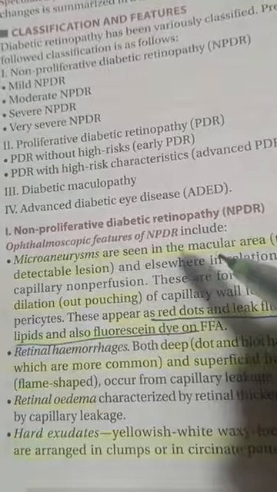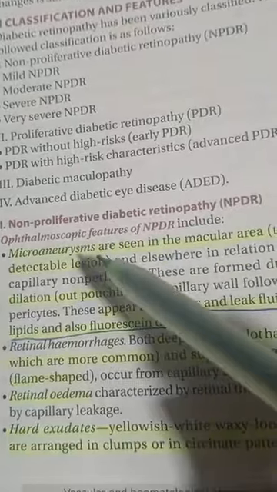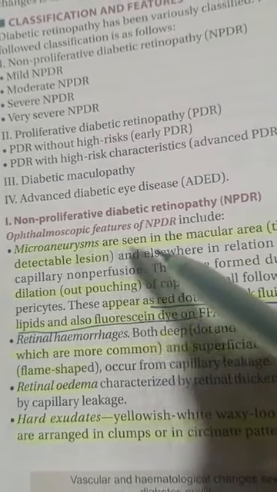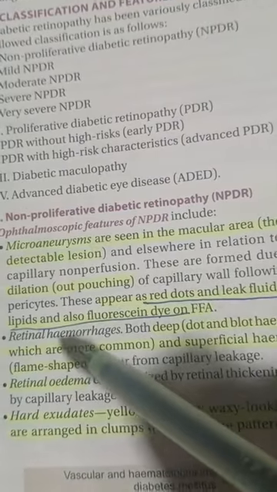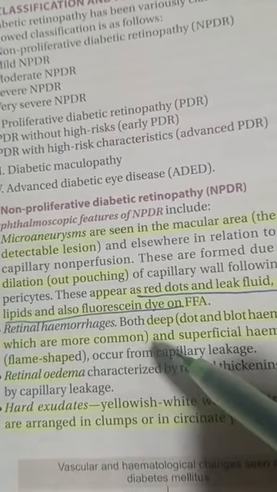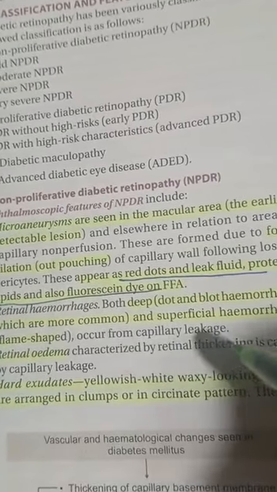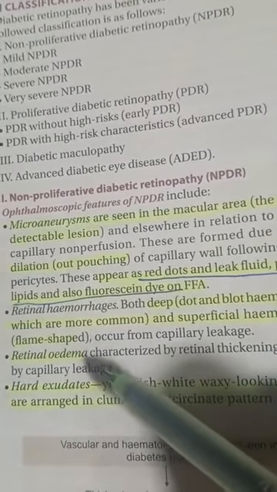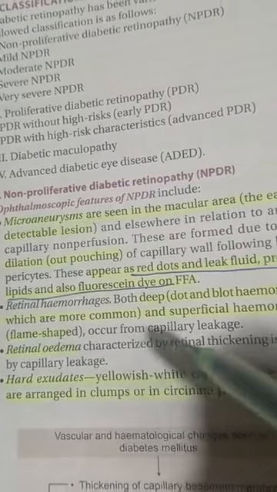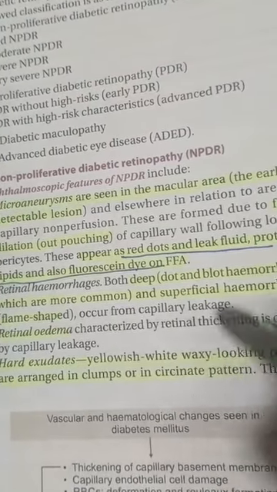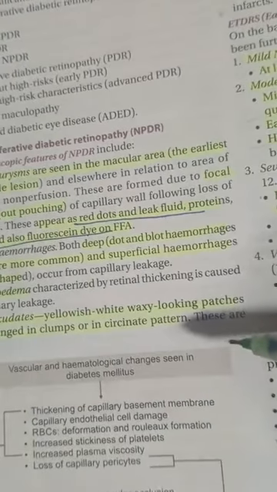So non-proliferative diabetic retinopathy. Ophthalmoscopic features of NPDR include microaneurysm in the macular area, retinal hemorrhages which are both deep, that is dot and blot hemorrhage, which are more common, and superficial hemorrhage, that is flame shape, retinal edema, that is kind of retinal thickening, and capillary leakage and hard exudate, which are yellowish white waxy looking patches.